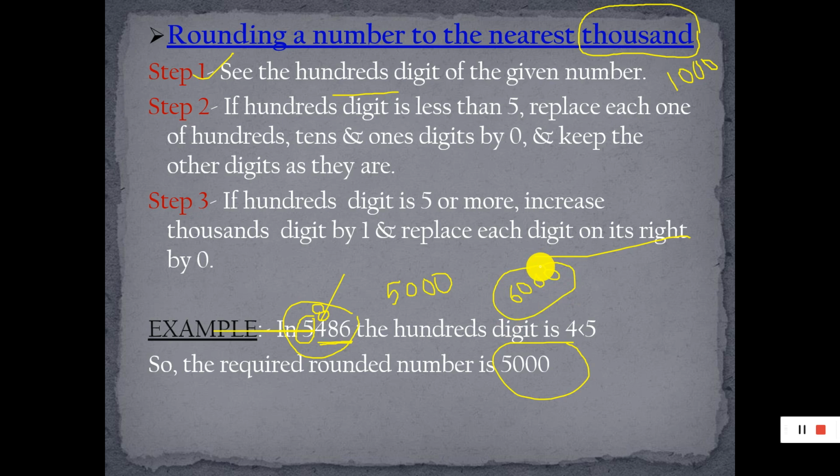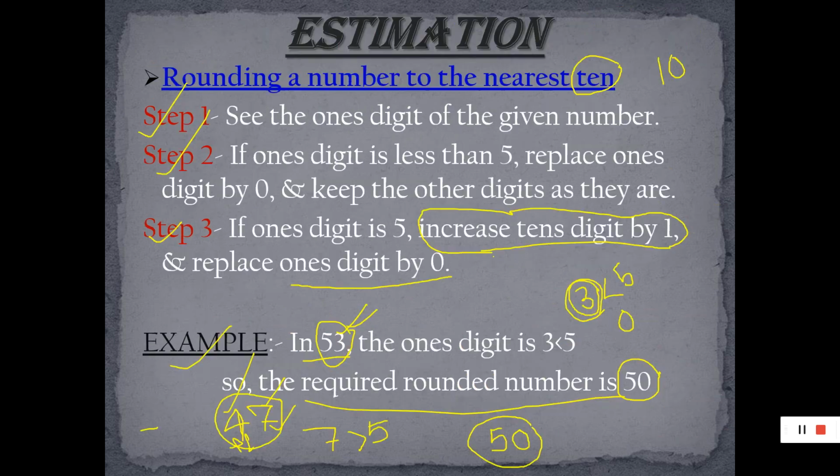So tens, hundreds and thousands are similar, but there are minor differences. For tens you see the ones digit.